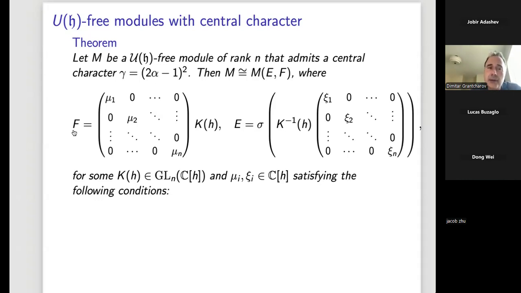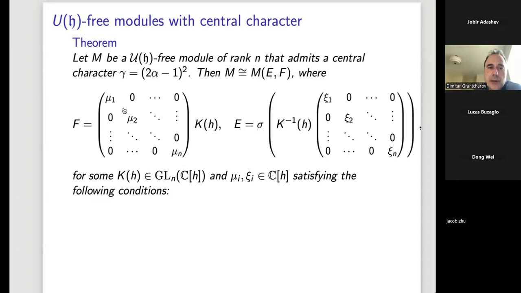Then, after finding the Smith normal form of F, which is exactly this matrix here with mu i's on the diagonal and zeros everywhere, the module depends on alpha, the mu's, and this matrix K, which is an element of GL_n. And these mu's, by the Smith normal form, are related so that the one on the top left divides the one on the bottom right and so on.